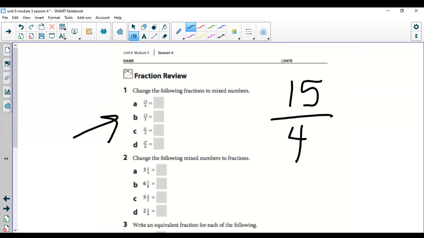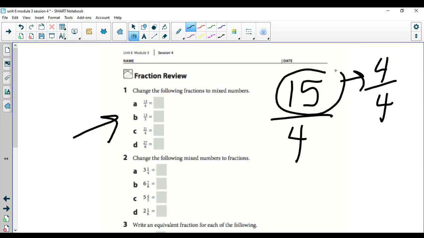So if you remember from Unit 3, how many sets of 4 out of 4? So how many sets of 4 can you get out of this 15? And the answer is 3. So you can get 3 4/4 out of 15, which would give you 12/4. And then you have 3 left over. So you just put that over 4. And that's how we do improper fractions to mixed numbers.